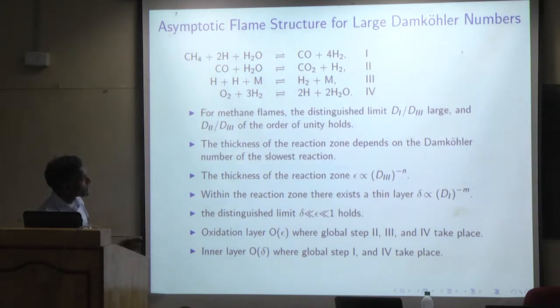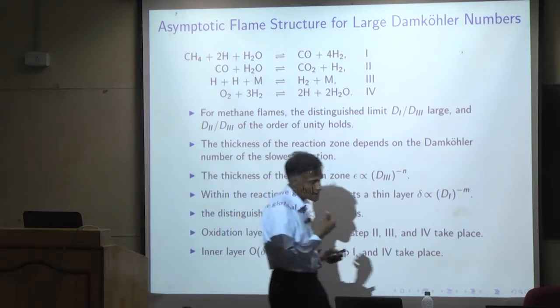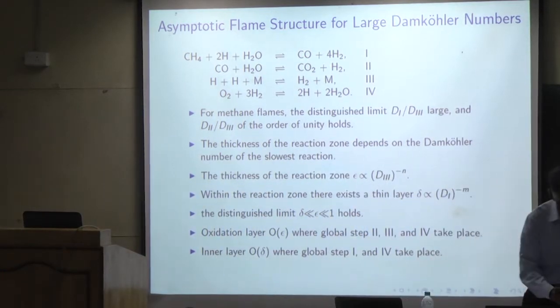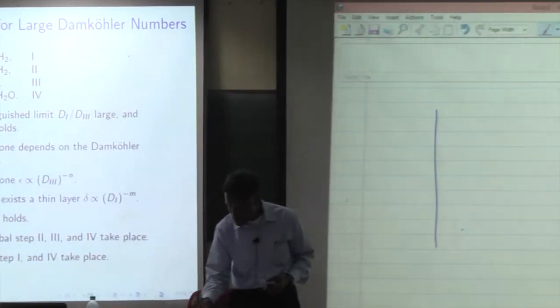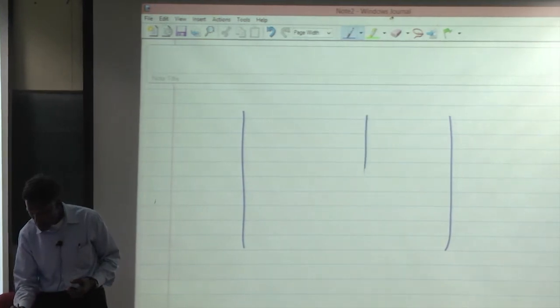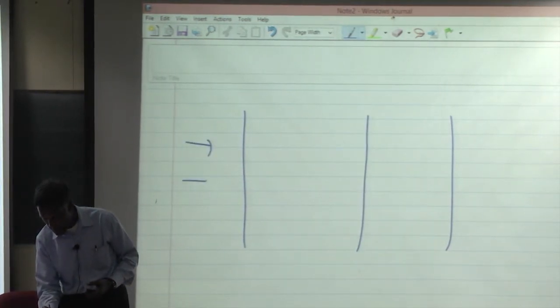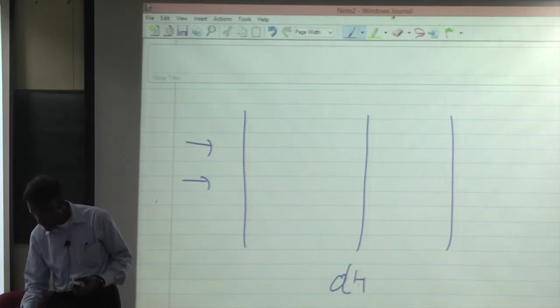In the reaction zone, of course, the preheat zone is of order unity. If one plots this, this is the preheat zone, which is the largest, and the reactants are coming from here.